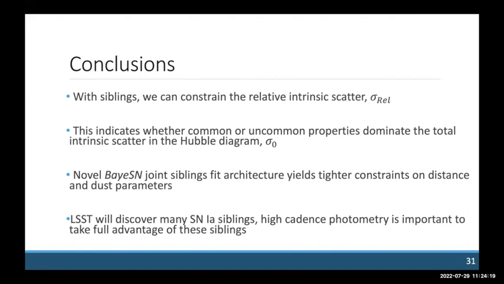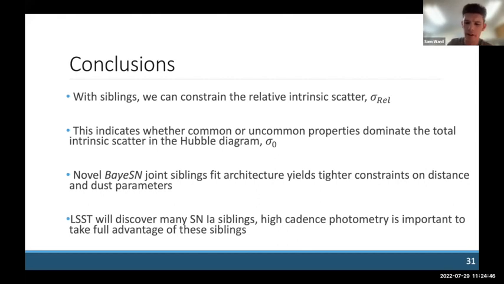So far you define siblings by the same host. Can you do the same region in the host, or the same specific spectra? I see. So you're saying looking at two or more supernovae which aren't in the same galaxy but have similar properties.